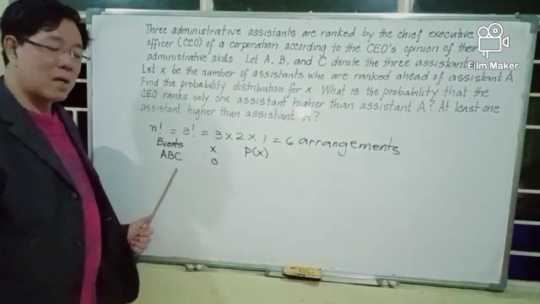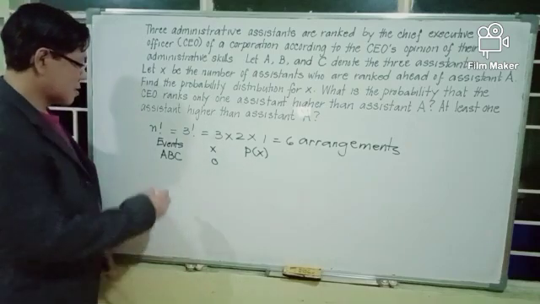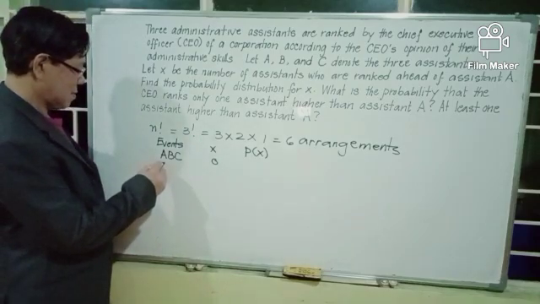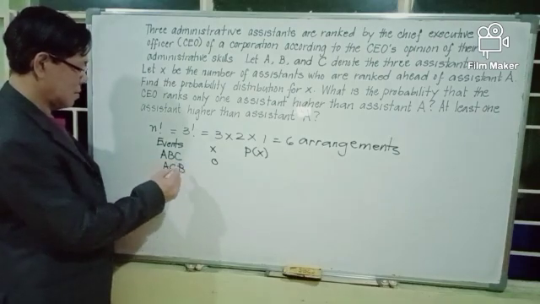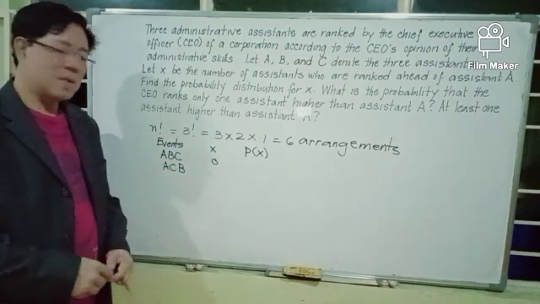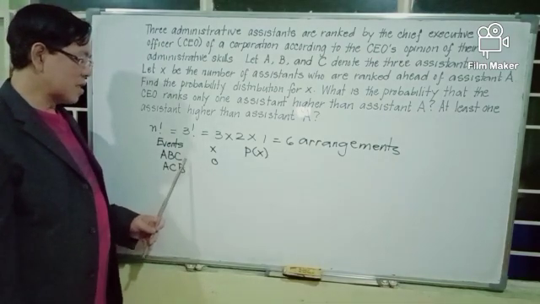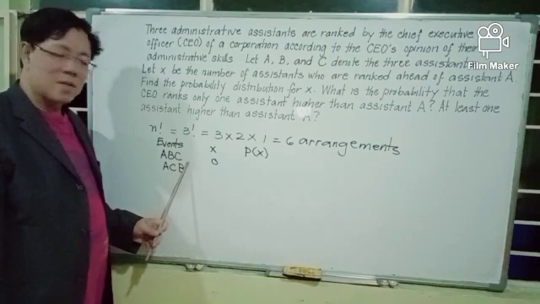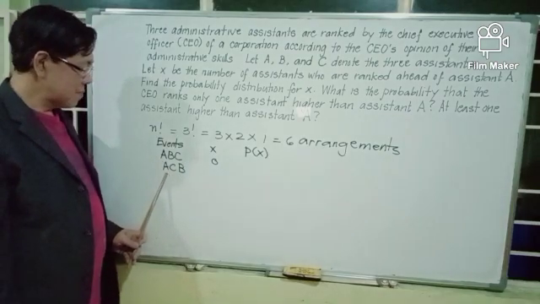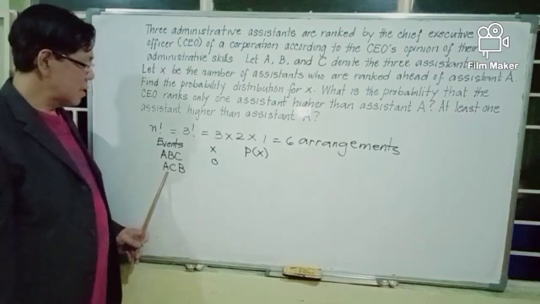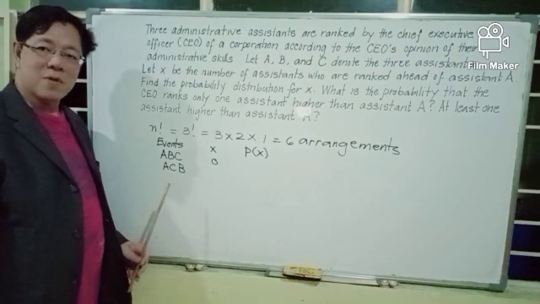Another possible arrangement from the 6 arrangements is ACB. This arrangement is different from the first, although they both have A in first order, because the ordering of B and C makes the difference.